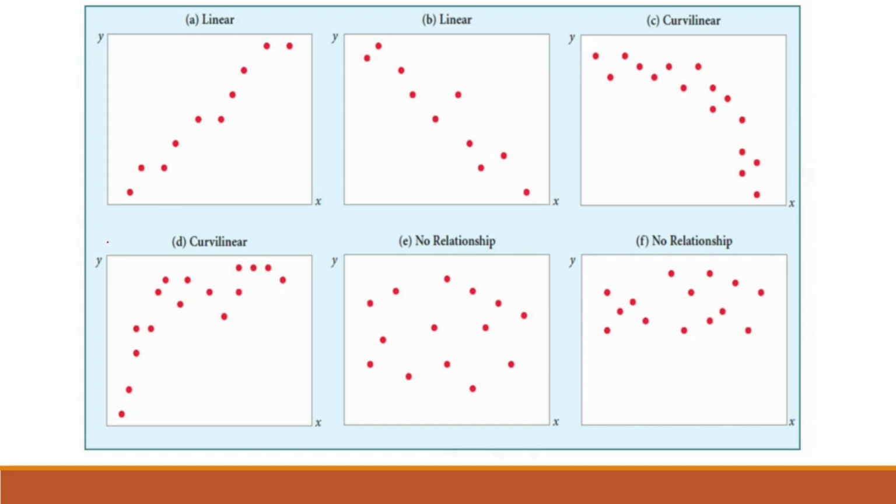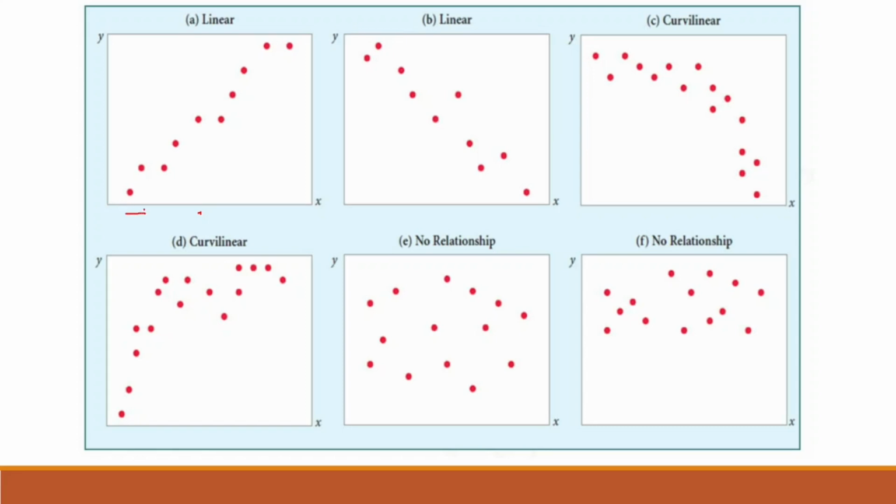This will give a clear idea regarding the positive and negative relationship. As you can see in this diagram, the first one, A, is a linear relationship, or a positively correlated relationship.